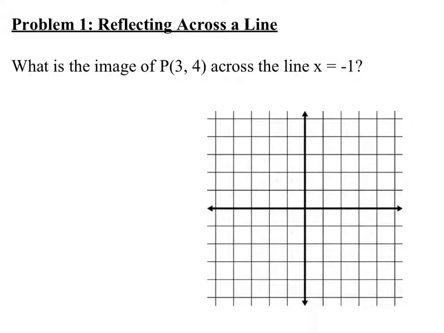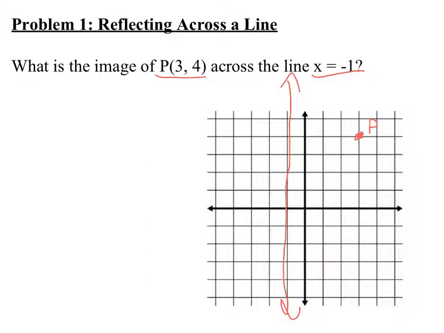Now we're going to take that same point P from before at 3, 4, and now we're going to reflect it across the line x equals negative 1. Now x equals negative 1 is a vertical line at x is negative 1, so there's my line of reflection. Similarly to reflecting across a horizontal line, a vertical line is also very easy because we're just counting how far P is from the line.